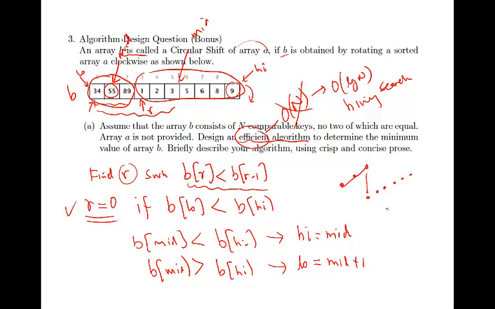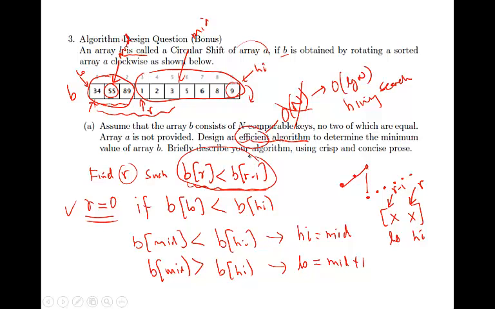Now, you will stop this process when the low and the high are just an array of size 2. You're just looking at this array to find this element. And when you get to this location, B of R must be less than B of R minus 1. So that's the condition that you're looking for.